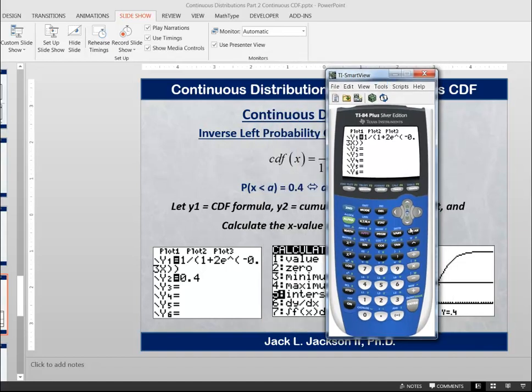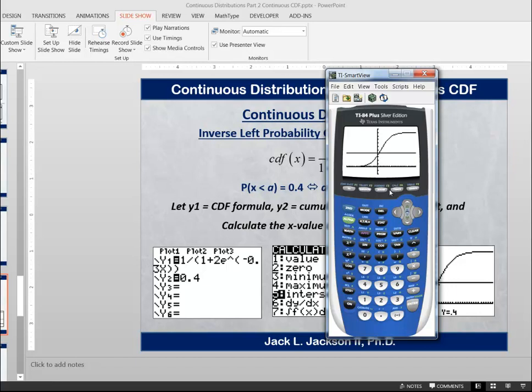Yeah, 0.4, so that's got to get down to y2. Okay, let's go ahead and graph that. So it's going to graph the CDF first, then it's going to graph y equals 0.4. We want to find where those two cross each other.